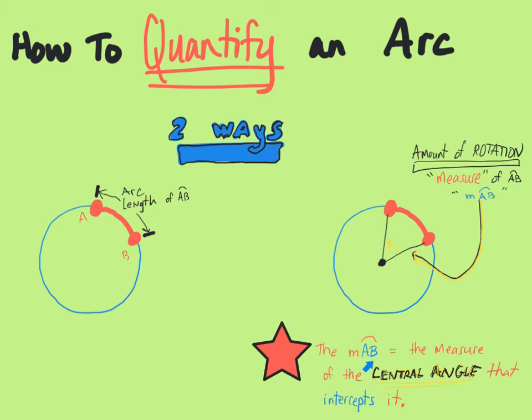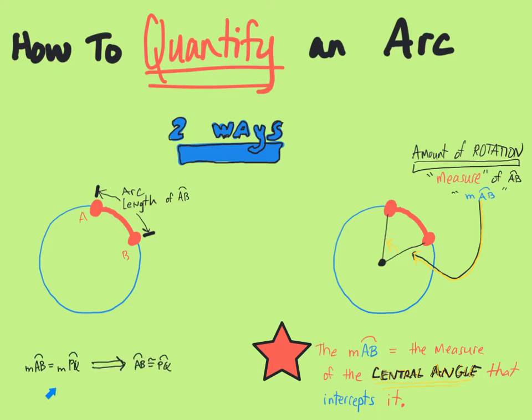The measure of arc AB, and this is the notation we use, a little m in front of the arc symbol. The measure of arc AB is equal to, and this is the definition, the measure of the central angle that intercepts it. So the central angle will always be an angle whose vertex is the center of the circle.